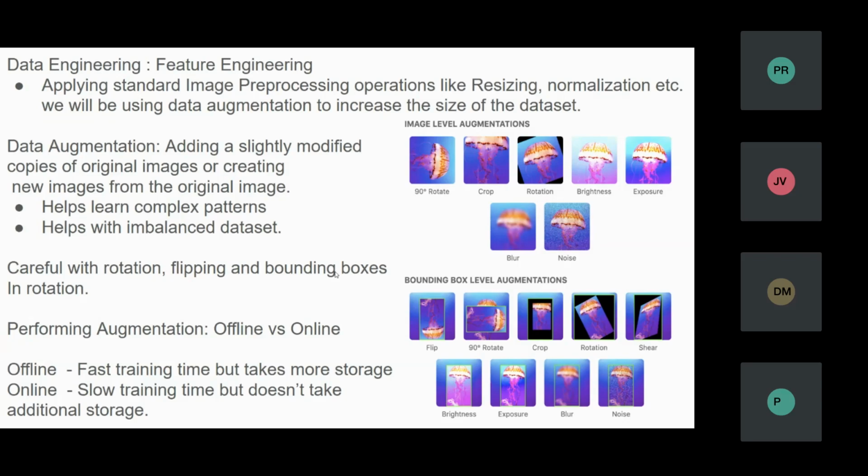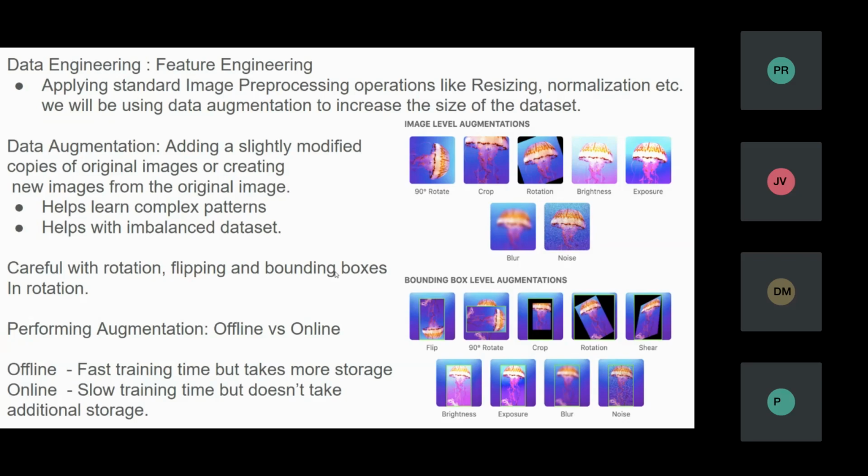If we take one image and apply those settings, various different images are formed from one single image. That is what data augmentation means. All those images are later included in the data set for the model to learn the complexity, as well as to solve the imbalanced data set problem, as you can see in the points on the right.